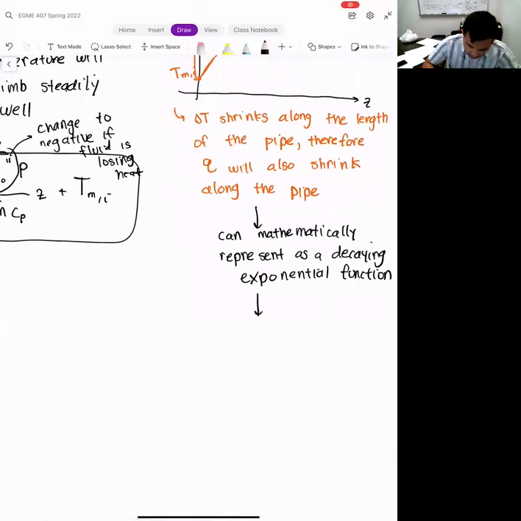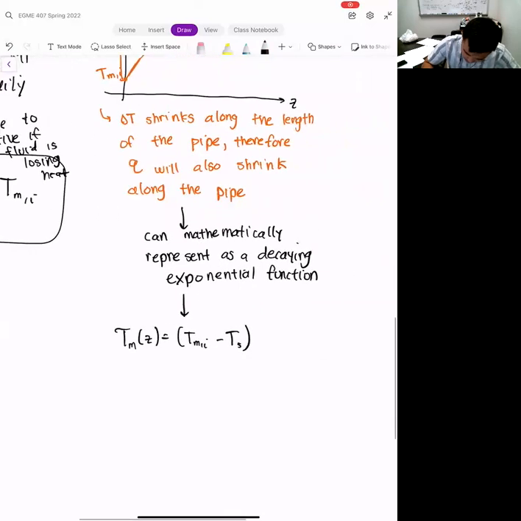The expression that we had in class was the following: Tm of z is equal to Tmi minus the surface temperature Ts, times the exponential of minus P, where P is the perimeter, multiplied by h, the convection coefficient.